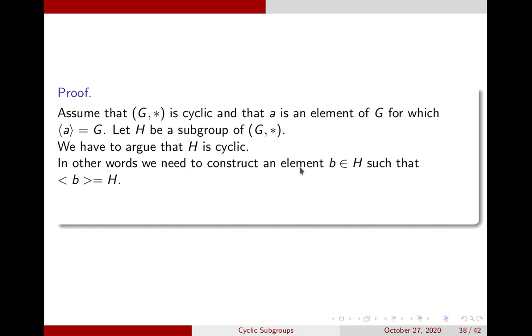Which means we have to construct an element B in this subgroup for which the cyclic subgroup generated by B is all of H. This in general is how you would show that a group or a subgroup is cyclic. You find a generator.